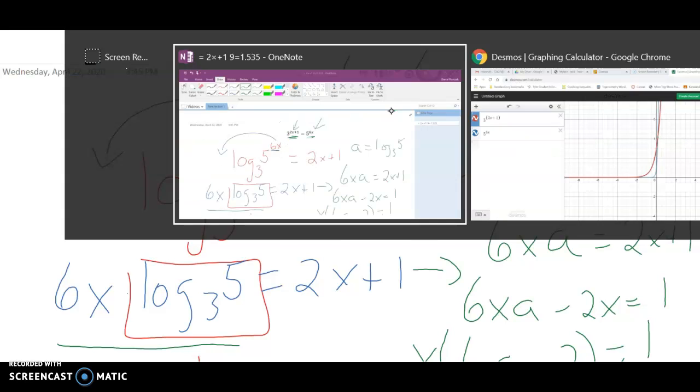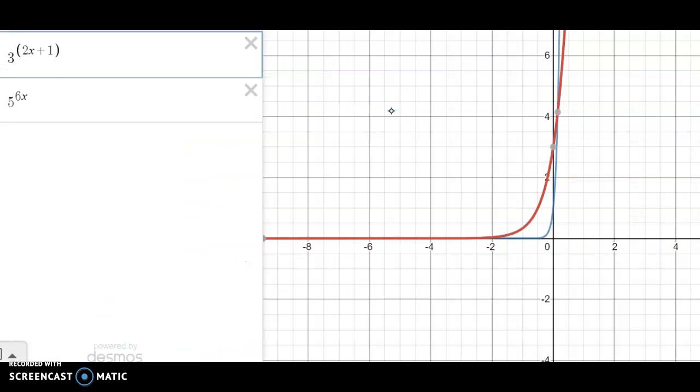Okay, well, let's switch over to Desmos. You see here, there's the first one we were working with. Here's the second one. The first one is the red curve. The second one is the blue curve. And if you look at their intersection point here, that's that 0.147.